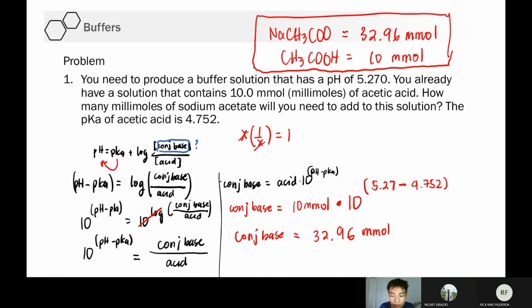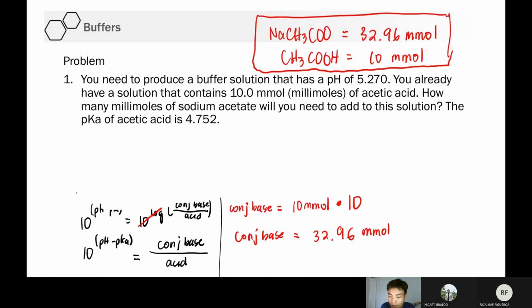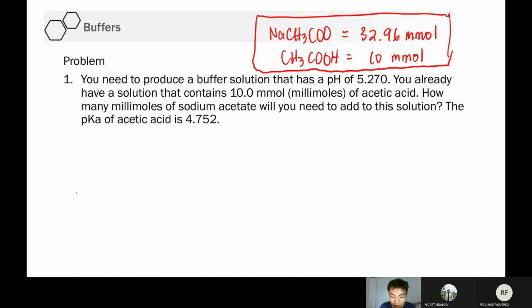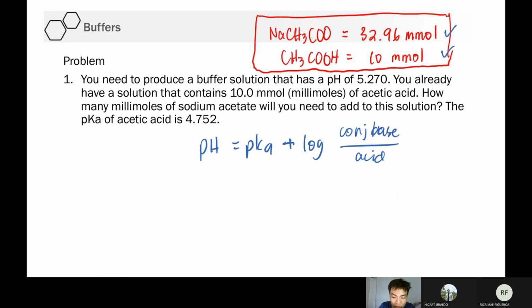So, if you want to double check, pwede naman. Burahin ko na tong part na to. Kung gusto mo i-double check, ang pwede natin gawin is we can plug in the info sa Henderson-Hasselbalch equation. Kapag plinag-in natin yung conjugate base pati yung conjugate acid, pati yung pKa, ang lalabas na pH ay ito.